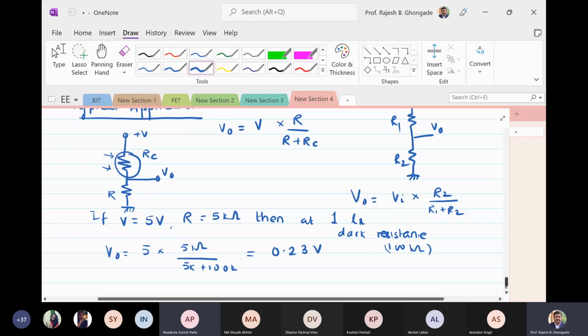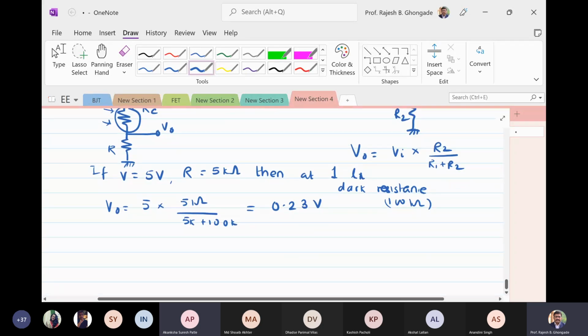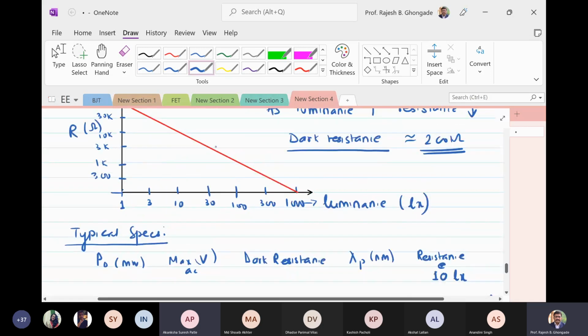Now, if the illumination changes from 1 lux to 1000 lux, then from the characteristics we can see what the resistance is for 1000 lux.